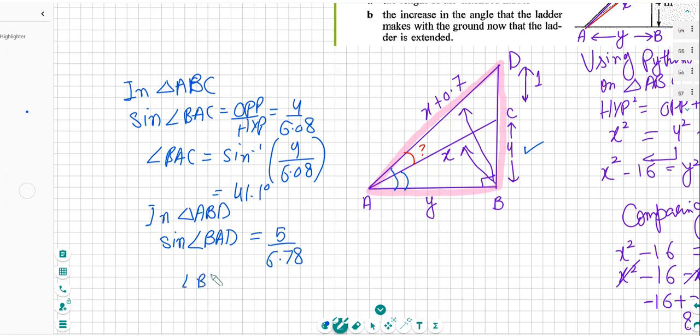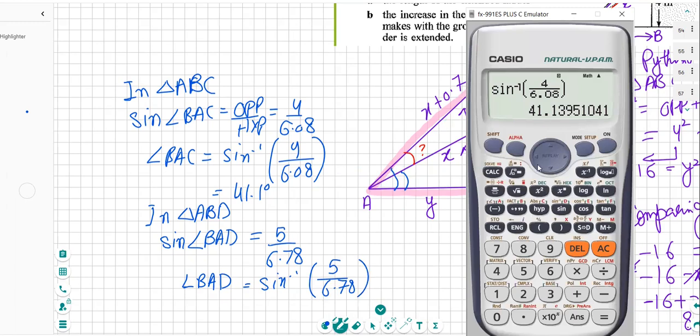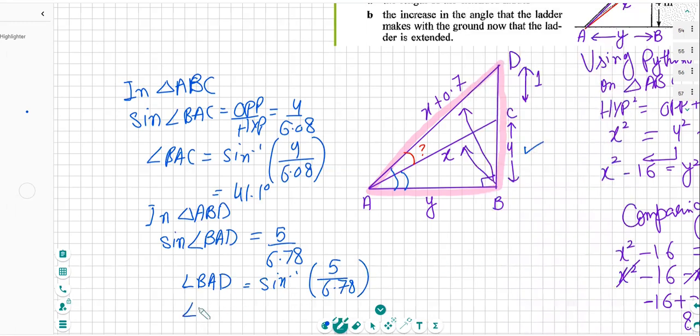So angle BAD will be equal to sine inverse of 5 over 6.78. So I get 36.2, right? Yeah.